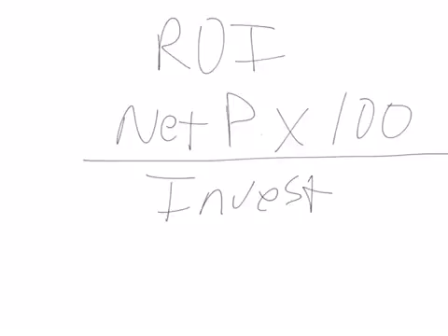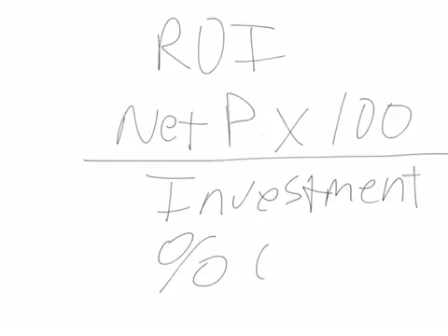Now this is straight from accounting. This is how they look at it. So net profit times 100 over your investment. Let's take a look at that more in depth. And this is also expressed in the form of a percent as well, 0% being break even.